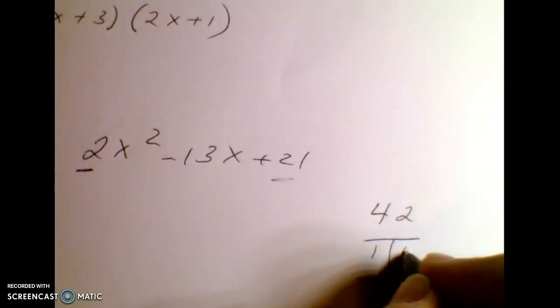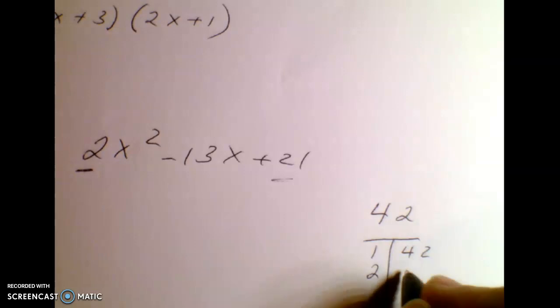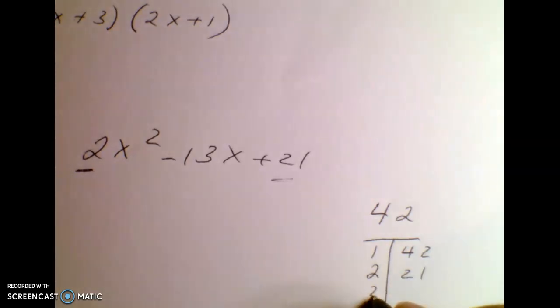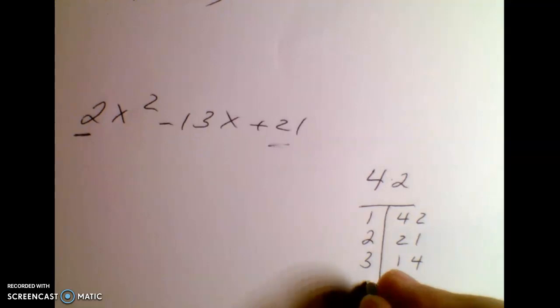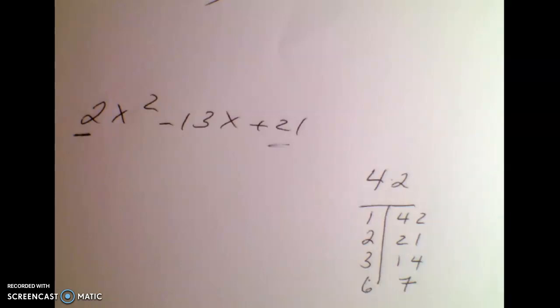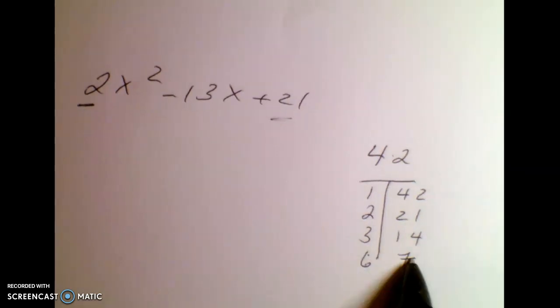So 1 and 42, 2 and 21, 3 goes into 42, so 14, 3 and 14. Let's go down. 4 won't divide evenly into it, 5 won't, 6 will, 6 and 7. 6 times 7 is 42. And then we do 7 and we're back to that.